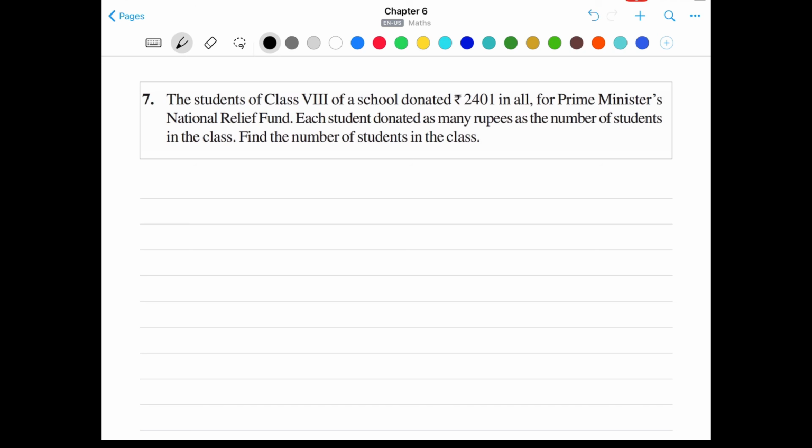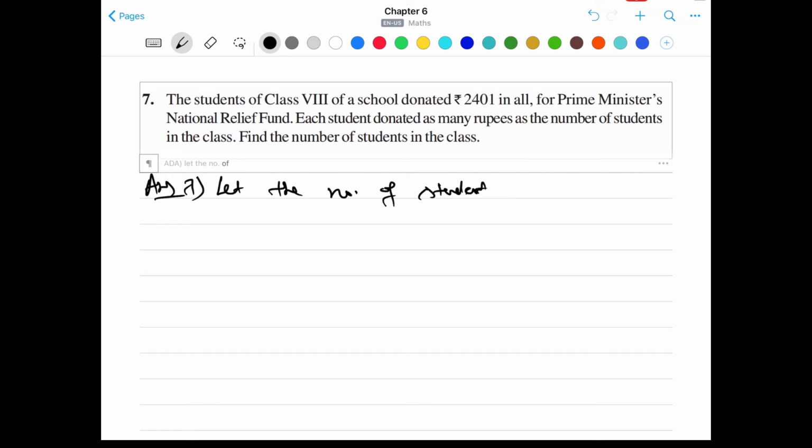Okay, so let's write the answer number 7. The number of students in the class and the amount donated by each student are equal. Therefore we have to find the prime factors of this given number, and those prime factors will give the square root of this number. Let the number of students in the class equal x.